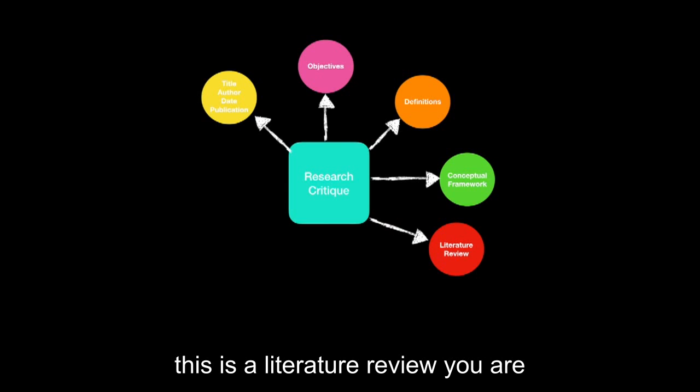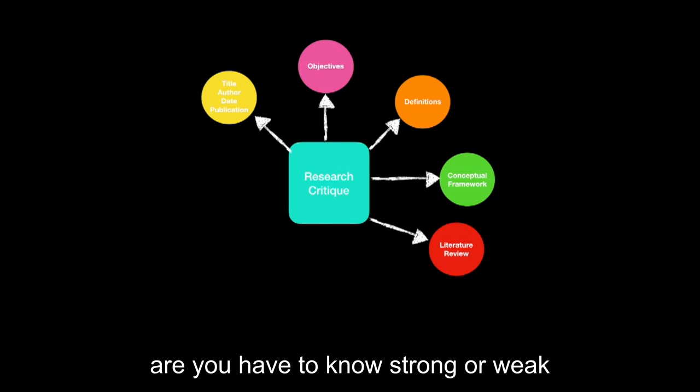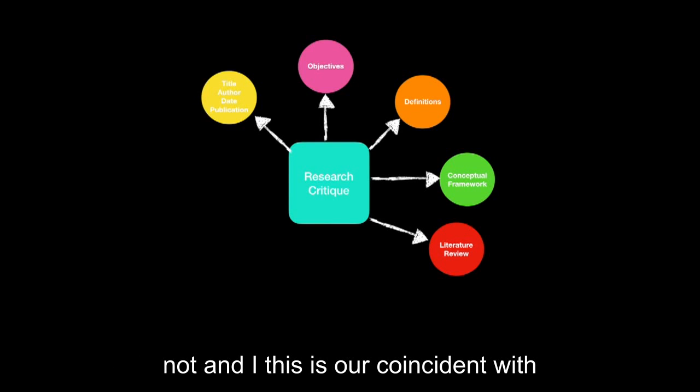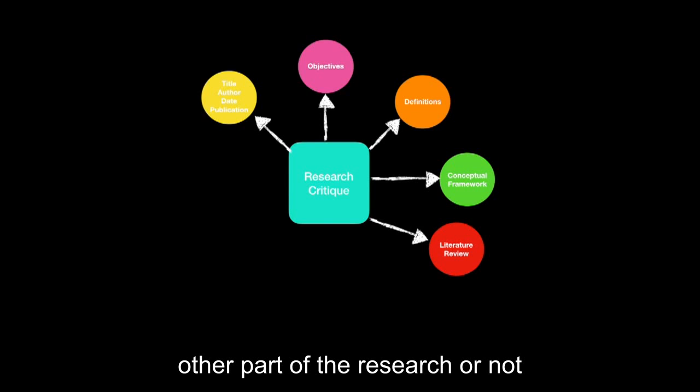This is our literature review. You have to know whether it is strong or weak, whether it reviews our variables, the methodology, and past research or not, and whether it is coincident with other parts of the research or not.